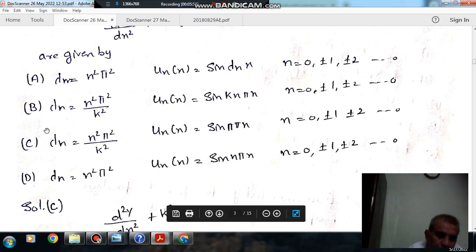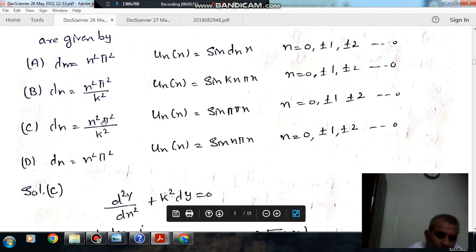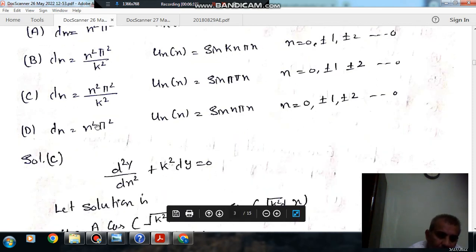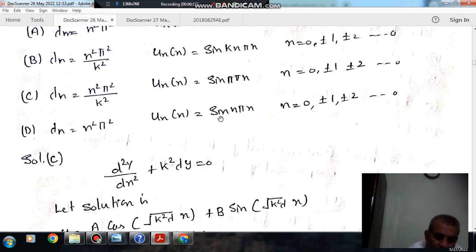Option C, lambda n = n square pi square by k square, un(x) = sin n pi x, n = 0, plus minus 1, plus minus 2. Option D, lambda n = n square pi square, un(x) = sin n pi x, n = 0, plus minus 1, plus minus 2.